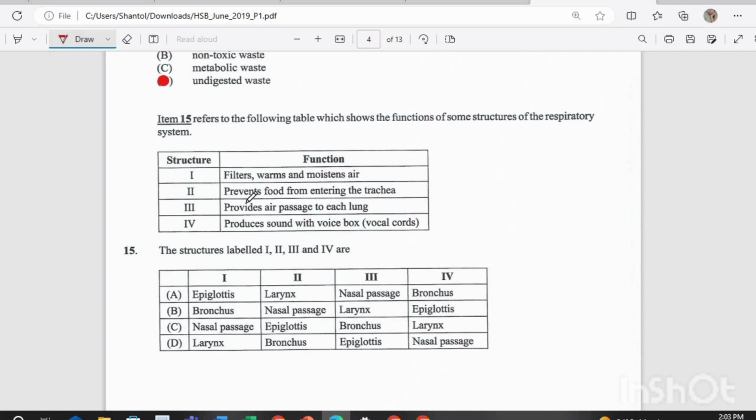Structure 2 is the epiglottis because it prevents food from entering the trachea. Structure 3 is the bronchus, which provides air passage to each lung. And structure 4 is the larynx, which is also another name for the voice box. So C is your answer there.